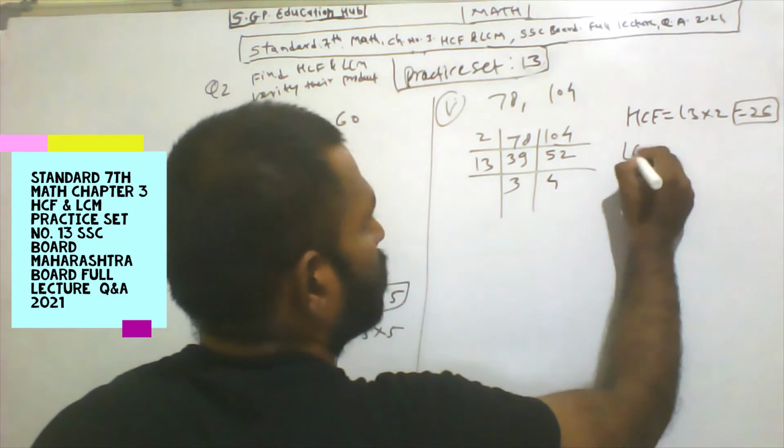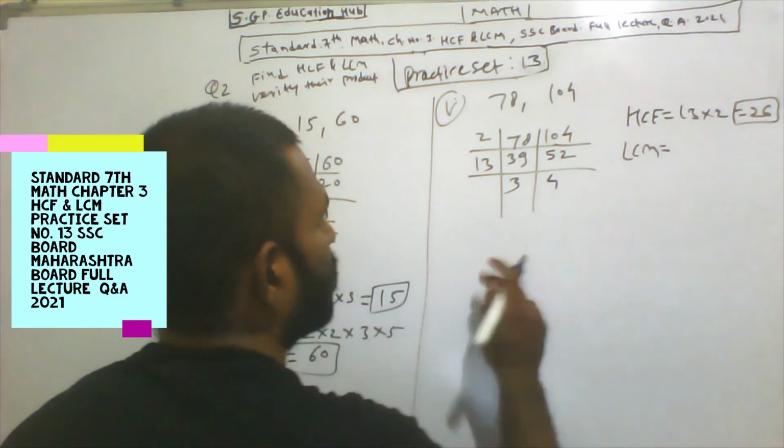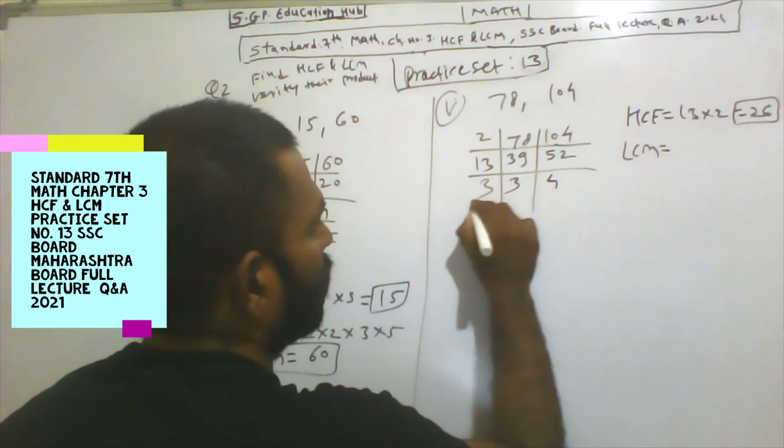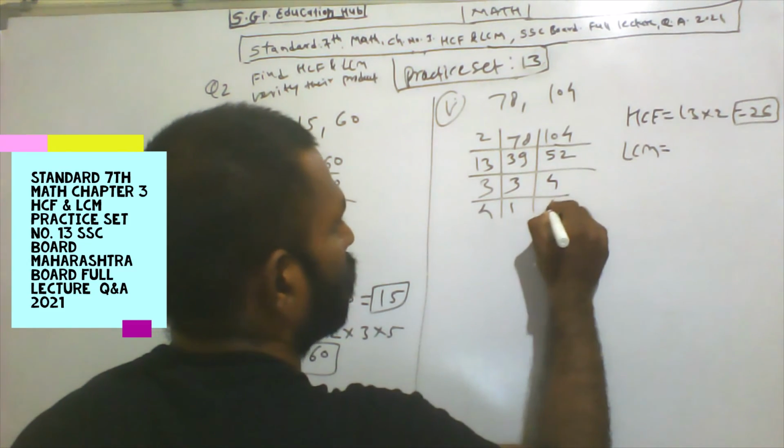Now the LCM is to be found out. The LCM is 13, then 3 ones are 3 and 4 ones are 4.